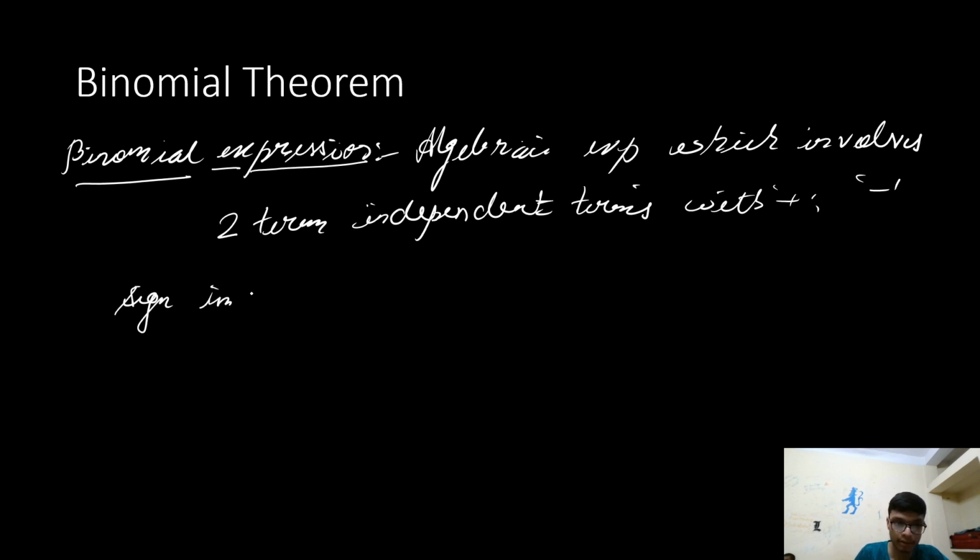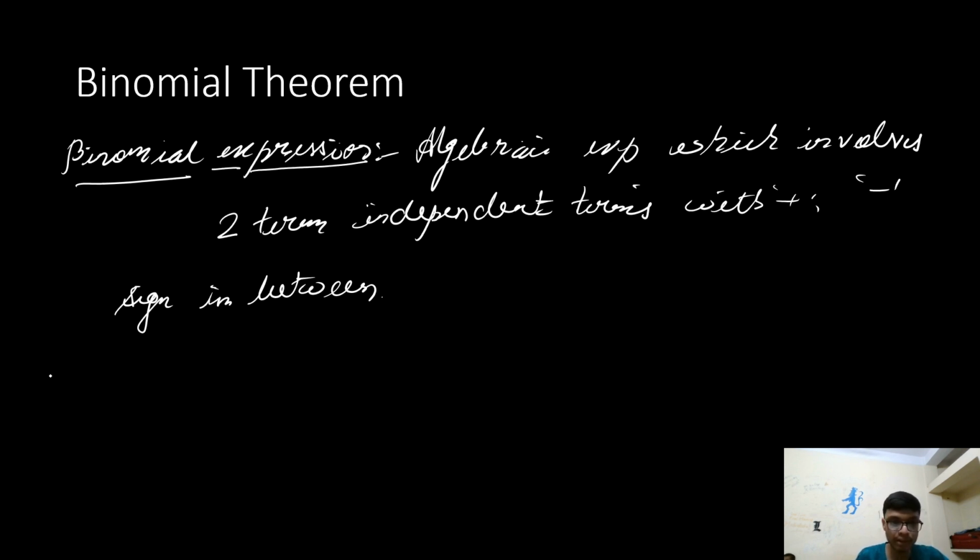This is what is called the binomial expression. It is necessary to study binomial expressions before starting the binomial theorem, because the entire chapter focuses on binomial expressions and their expansions, that is, any algebraic expression which involves two independent terms with a positive or negative sign in between them.